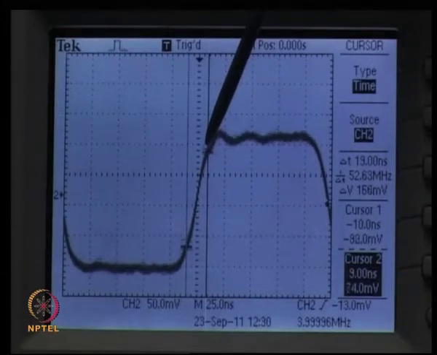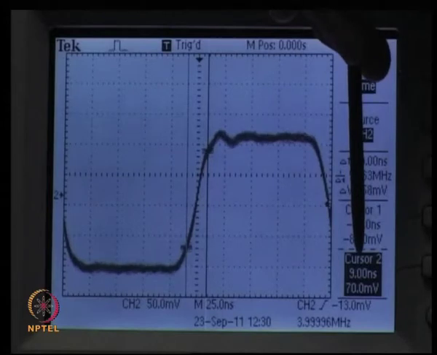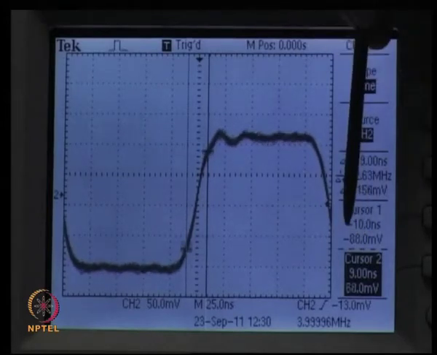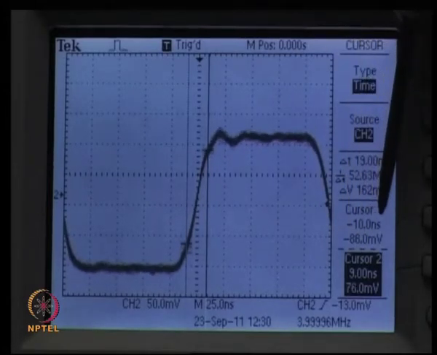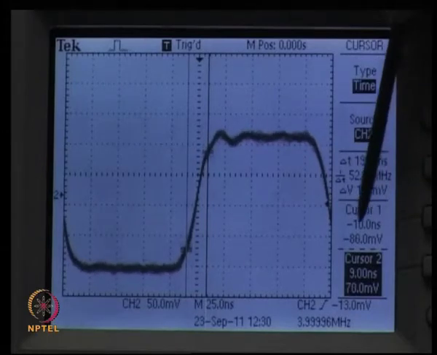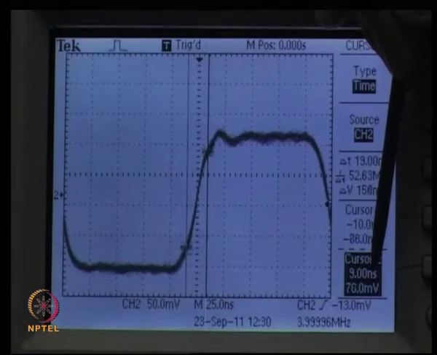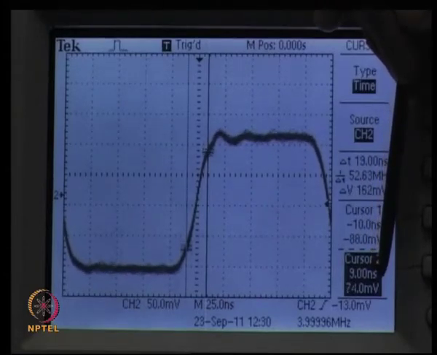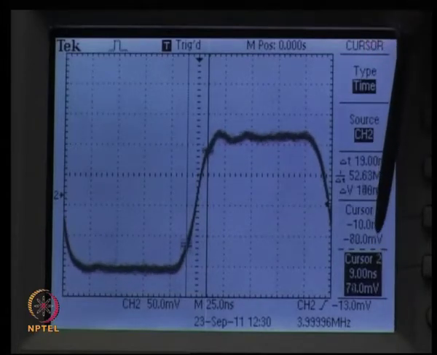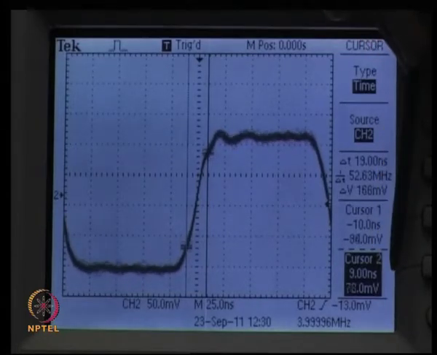Cursor 2 is at 9 nanoseconds. And cursor 1 is at minus 10 nanoseconds. Difference between these two readings will give us the rise time of the laser plus the reel 1 and 2.